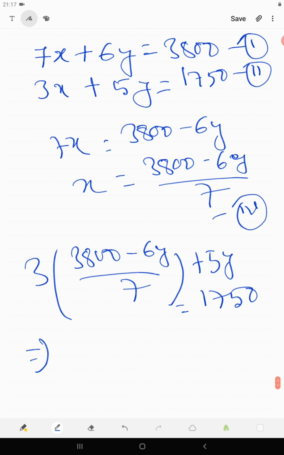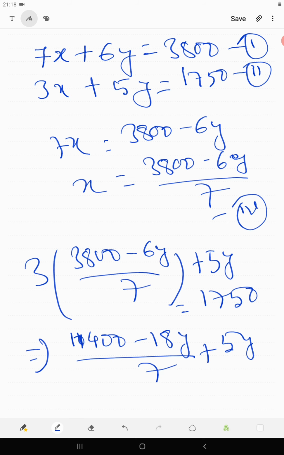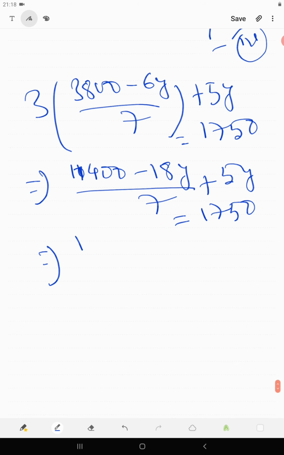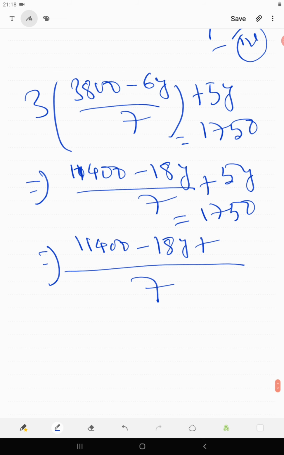So 3 into 3800: 3 times 8 is 24, 3 times 3 is 9, 14, 114. So 11400 minus 18y divided by 7 plus 5y equals 1750. So 11400 minus 18y, the whole LCM will be 7, plus 5y by 1, correct?